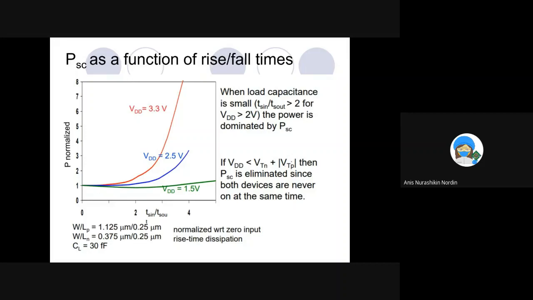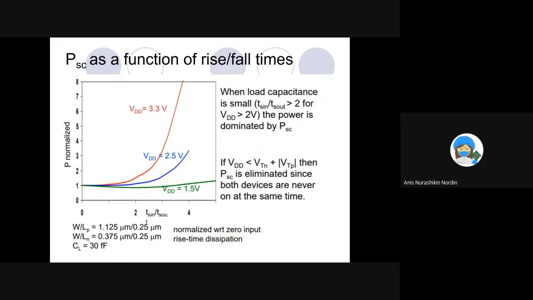You set the VDD to be less than VTN plus VTP, then P short circuit is eliminated because both of the devices are never on at the same time. So if you put the lower voltage, then you can eliminate the short circuit current. But if you put too low voltage, then you will have large delay. So there is a trade-off on this.